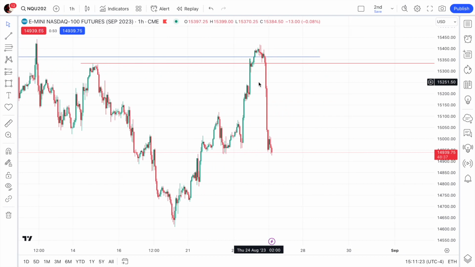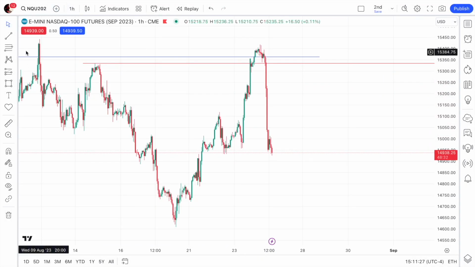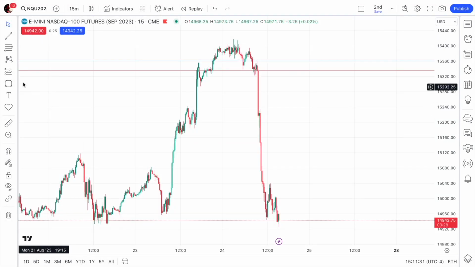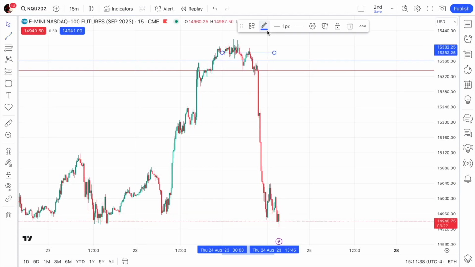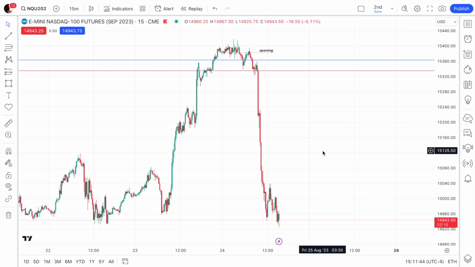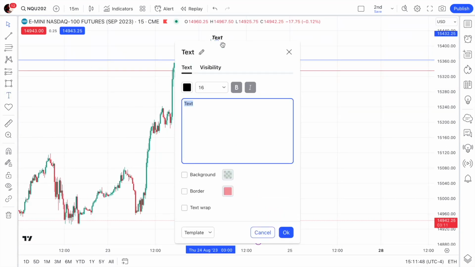Now we're going to go and mark out the market structure. So let's go down to the 15-minute time frame, and let's get out that opening price. And above opening price, you can see that we made the intermediate term high.